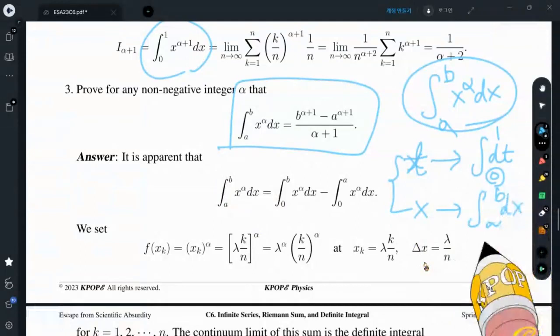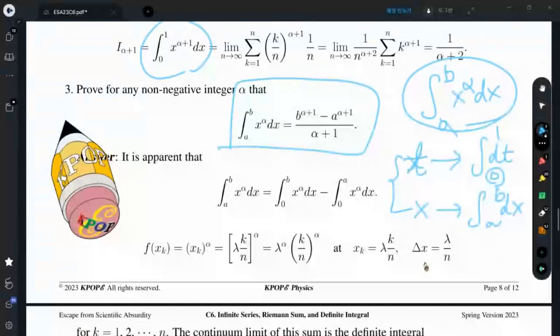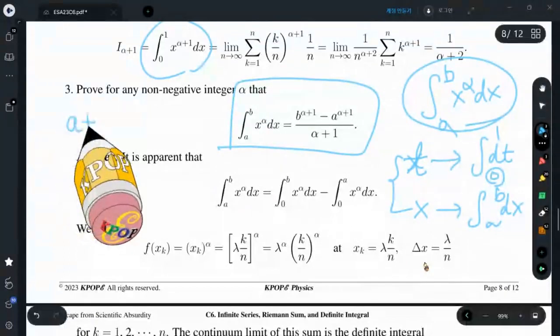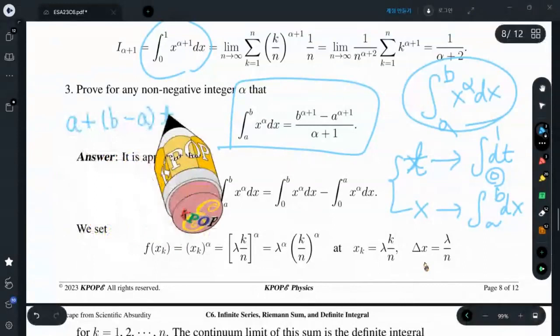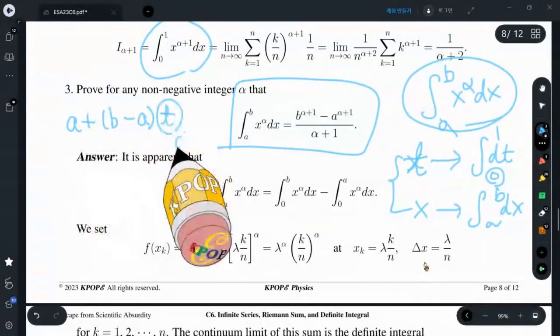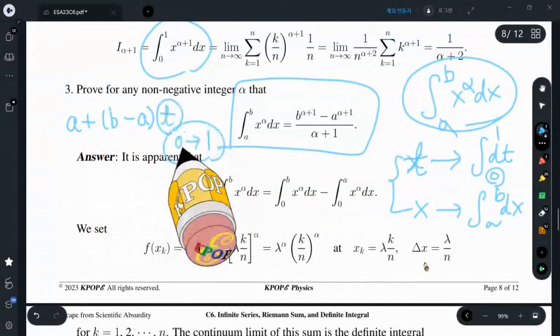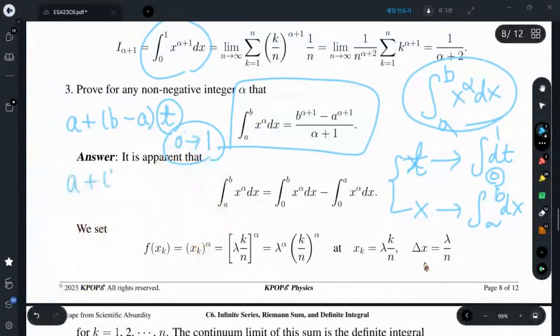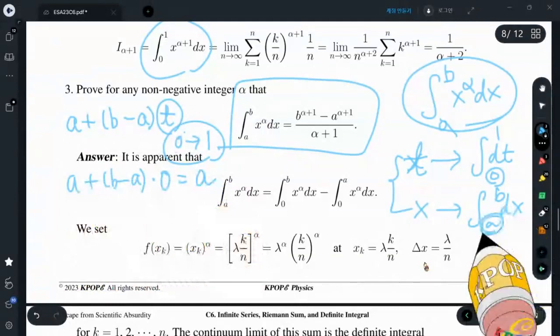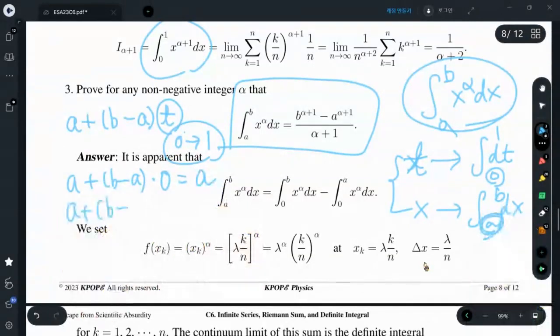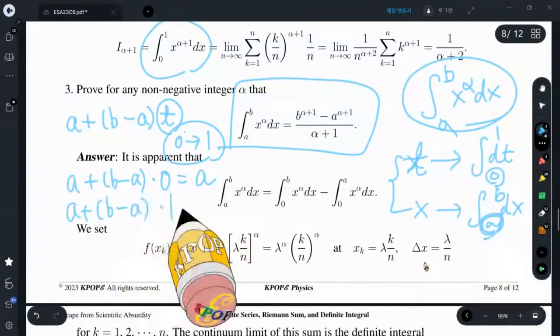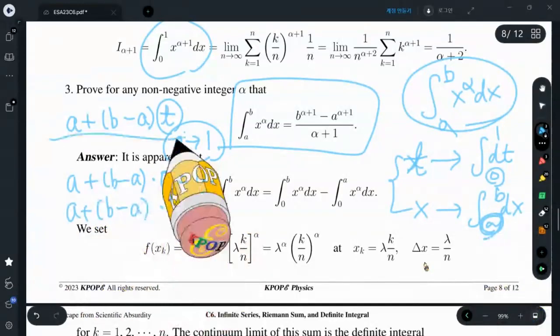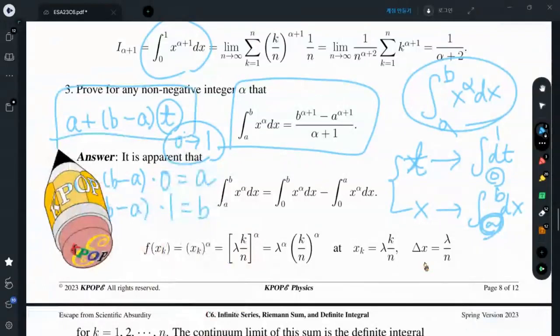The simple way is rescaling. So we find the origin and shift to the origin. For example, a plus (b minus a) times t, and let t vary from 0 to 1. What happens if I substitute 0 for this t? Then a plus (b minus a) times 0 is a. Aha, that is the lower bound. This is the lower limit. And what happens if I substitute 1? It is b. Haha, this is a very simple rescaling problem.